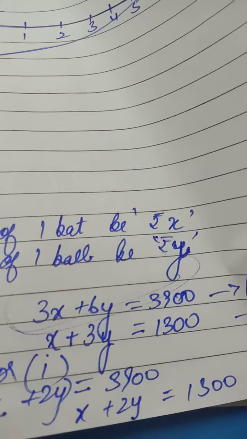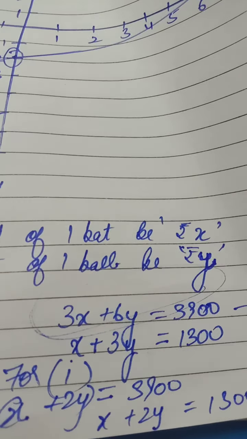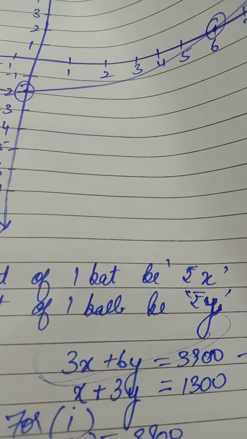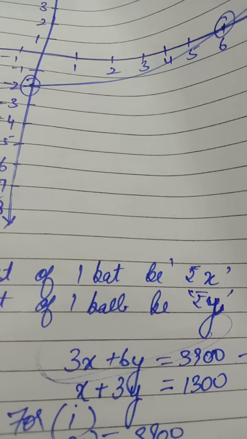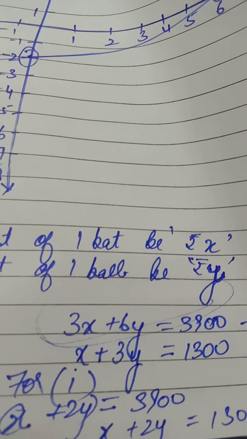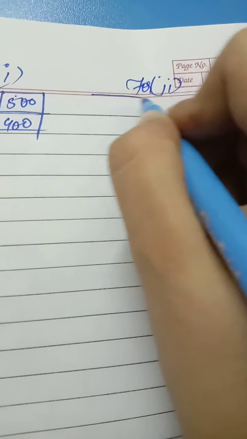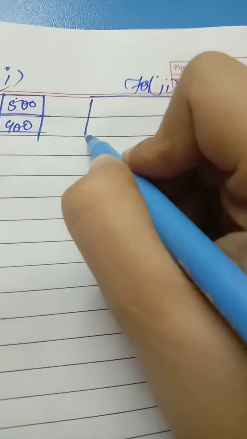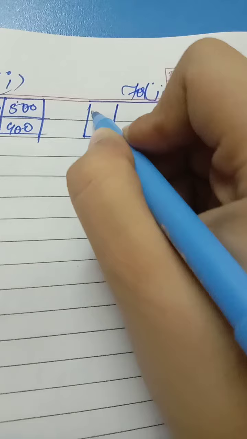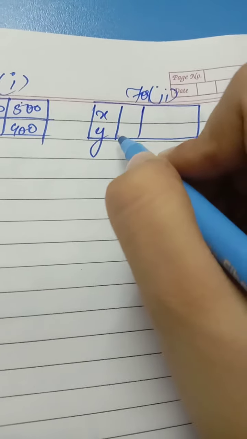So next if we take 500 and 400, then we'll get 15 and 24. 15 and 24 we get 39. So the third solution we'll get 500 and 400. For the second equation we'll be having x, y.